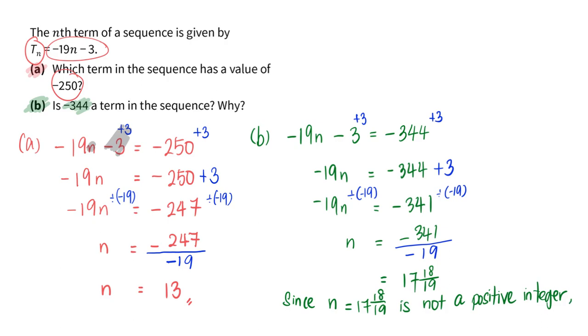Okay, negative 344 is not a term in the sequence.